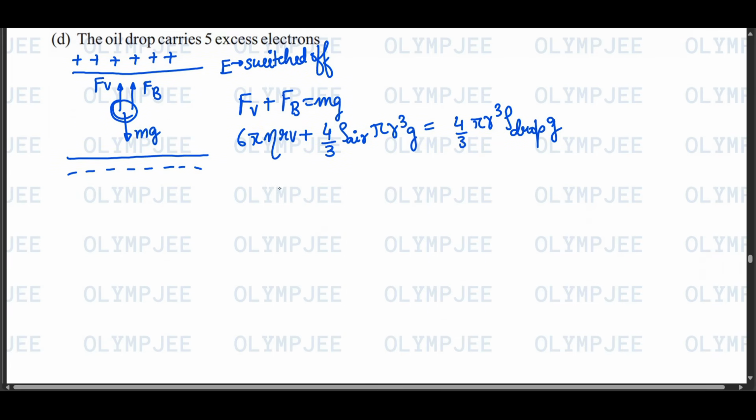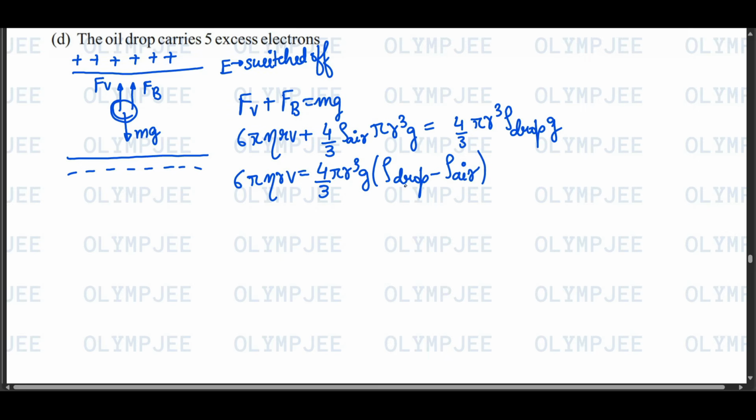So solving this, we will get 6 pi eta r v is equal to 4 by 3 pi r cube g, rho of drop minus rho of air.